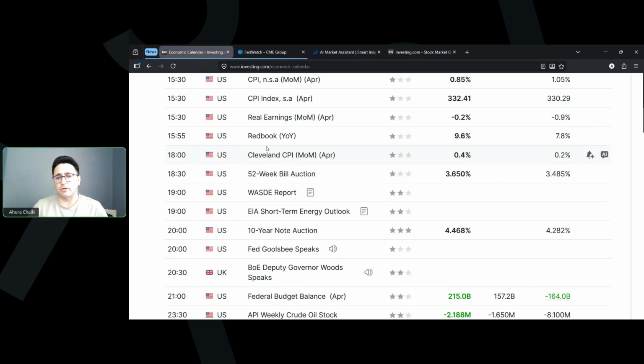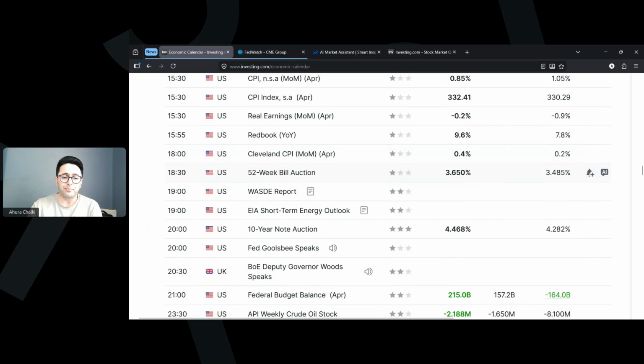The return is more than 4%, and the Red Book is 9.6%. That tells us that the U.S. economy should not have a big problem compared with other economies, because consumers are still ready to spend their money, going out and spending, and that can support the economy and the GDP. Anyhow, that was what we had in the Red Book.